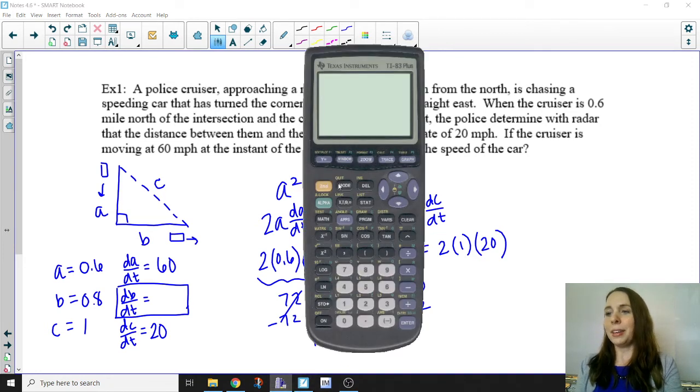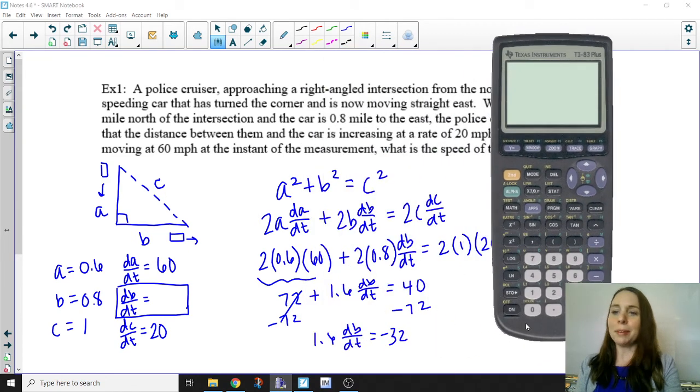Divide. I'm not going to even write that out because something bad's about to happen here, everybody. Negative 32 divided by 1.6 to solve for dB over dt. It gives you negative 20.